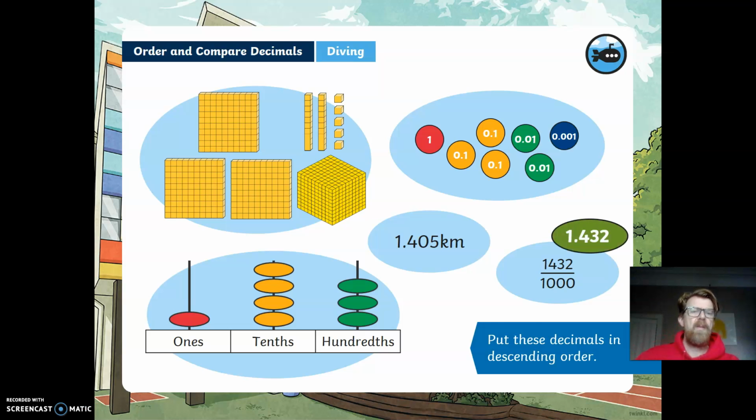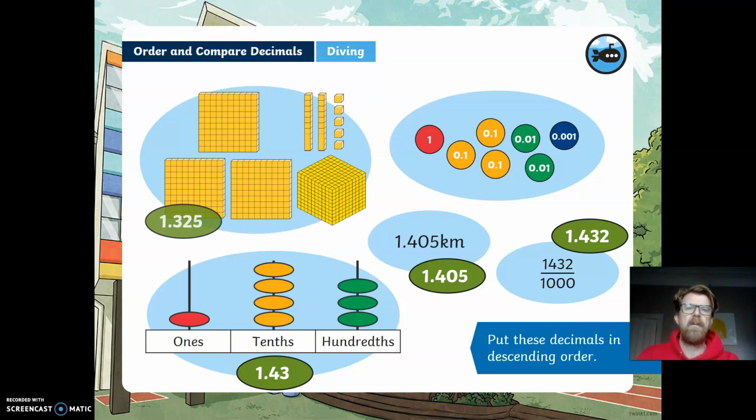So that is 1.432, because that's 1 whole one, because that's 1,000 thousandths. 1.43, 1.405, 1.325.